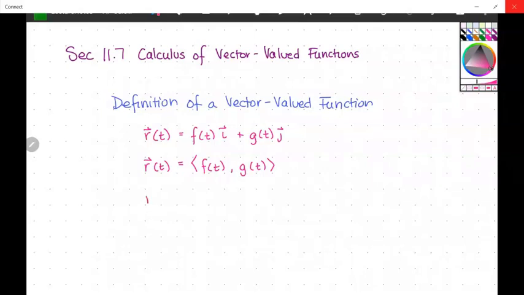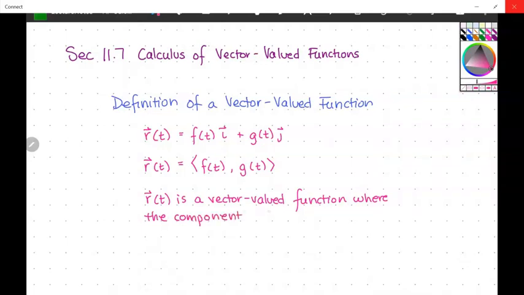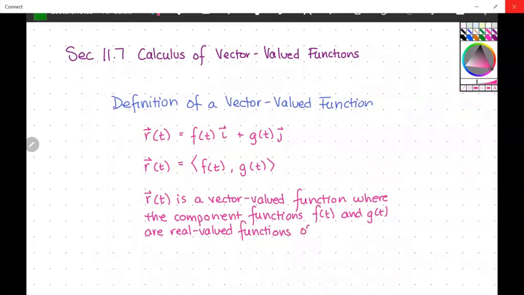So r of t is a vector valued function where the component functions f of t and g of t are real valued functions of the parameter t.